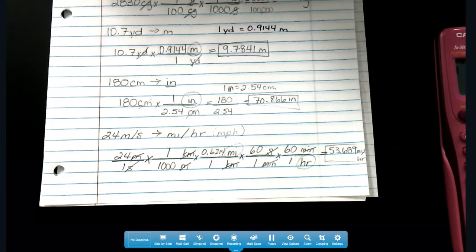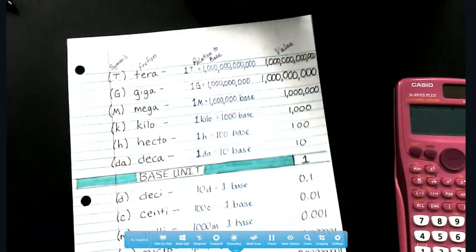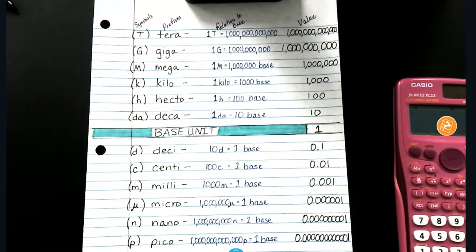The last thing I'm going to leave you with is this kind of helper chart. So hopefully you can see here the symbols that we use, the prefixes, and the relation to that base unit, and then the value.